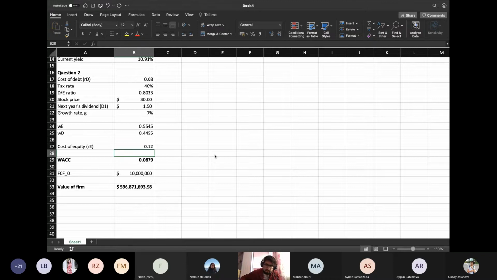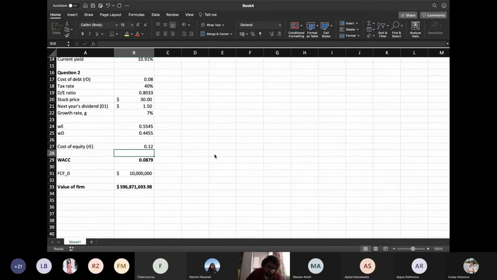We know that, Muhammad, cost of equity is required rate of return. P0 is equal to D1 over R minus G. You know it, right?